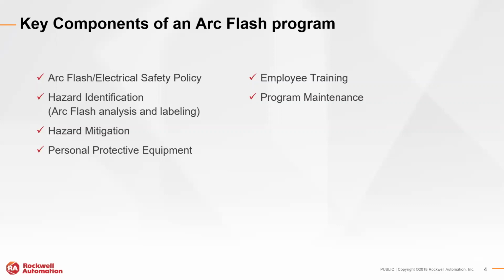Frankly, a lot of programs are missing this one piece. But if you can determine, like I mentioned previously, how you can potentially reduce your arc flash hazards, either ones you deem unacceptable per your electrical safety policy, or things you just want to lower to make servicing equipment more efficient, faster, easier with less PPE, a good hazard mitigation plan should be something that's part of your overall program.